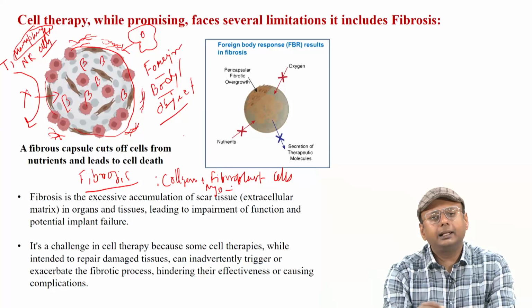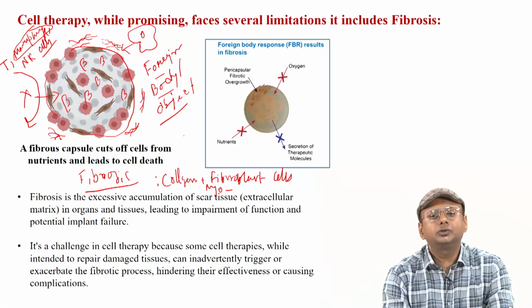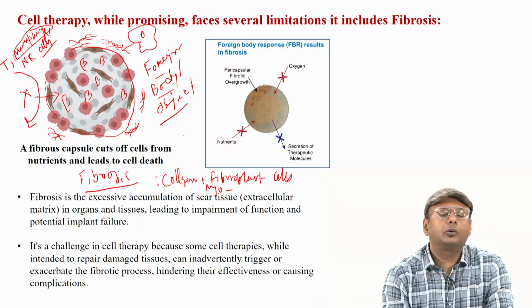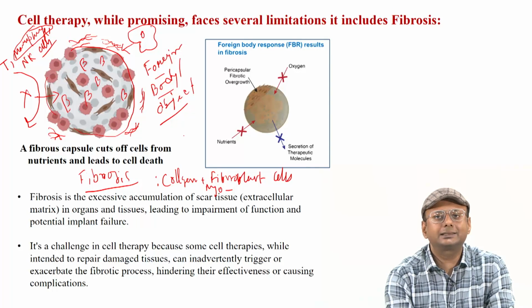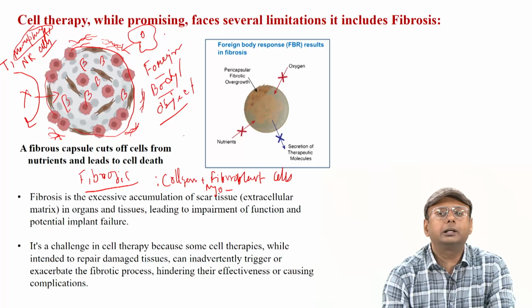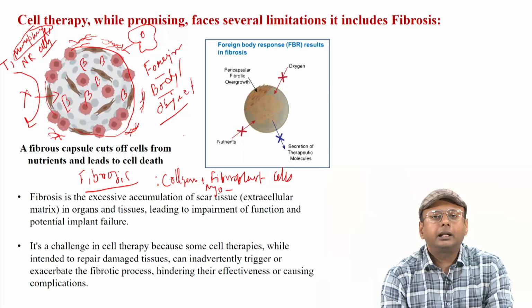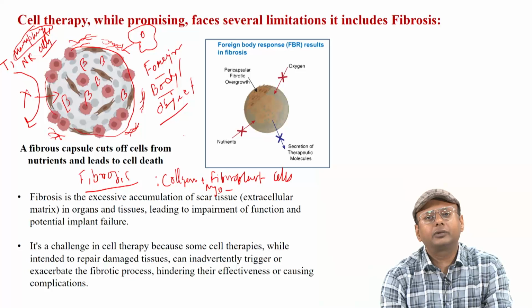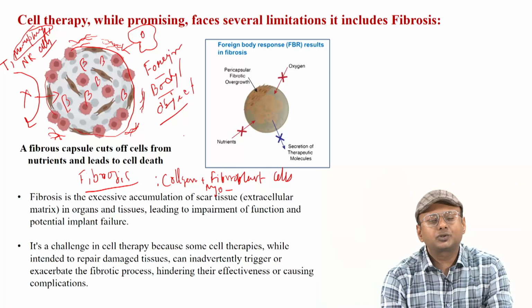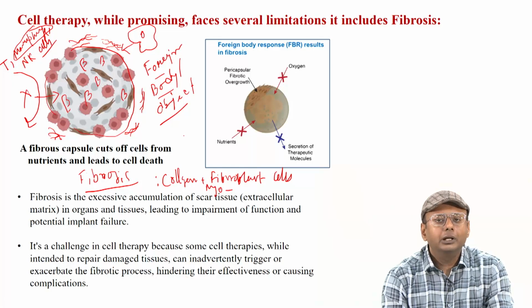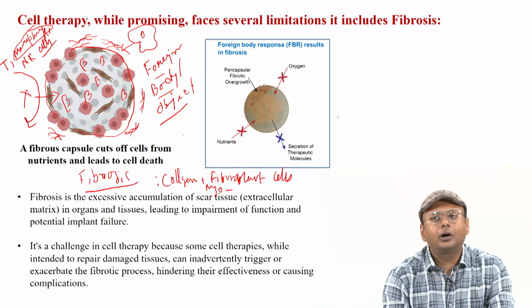This thick tissue layer will eventually completely coat the whole system. You can see the cells and the capsules will be completely covered by this fibrotic tissue layer. And as you can understand, if this complete thick layer of fibrosis covers the capsules along with the cells, what will happen? The nutrients and oxygen will not be able to go in.